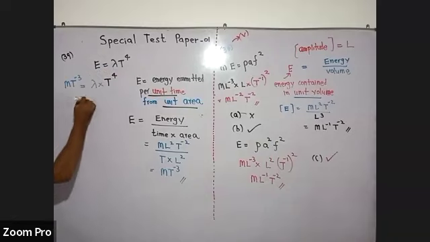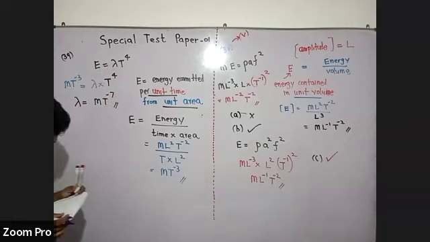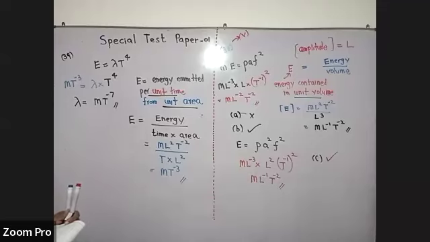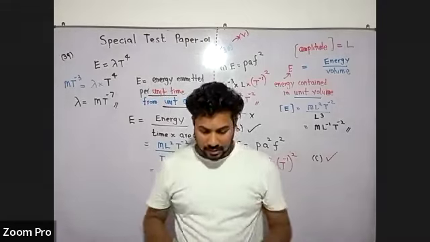So lambda should be equal to MT^-7. There is no specific answer for this question.